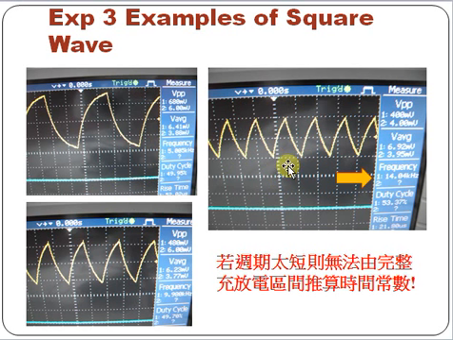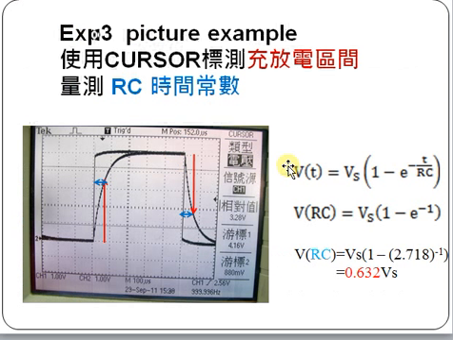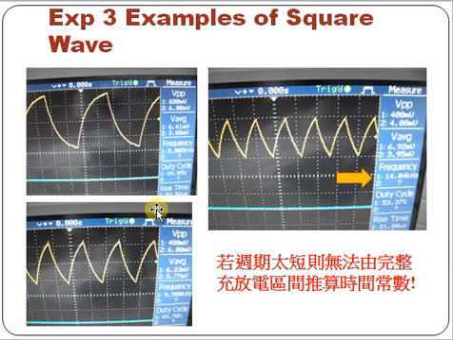But how do you know if it is fully charged or discharged? We can see from the figure that when it's fully charged, the voltage will reach a flat level. The same for discharging. When you see this kind of figure, it may not be fully charged.